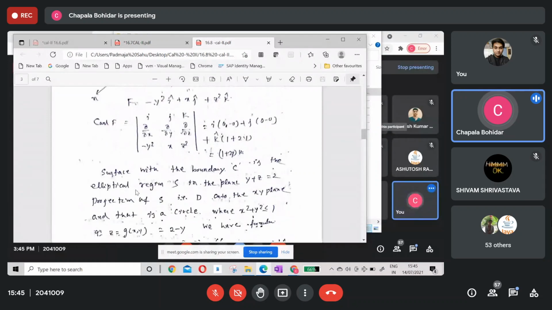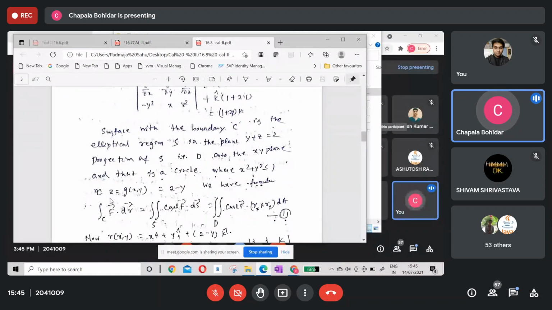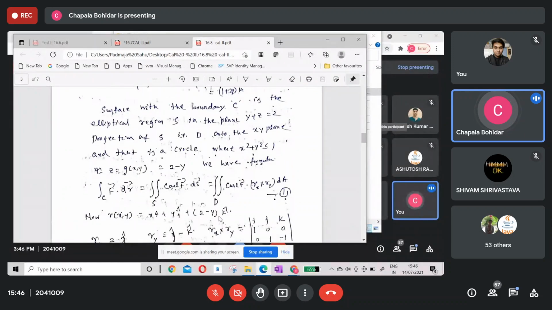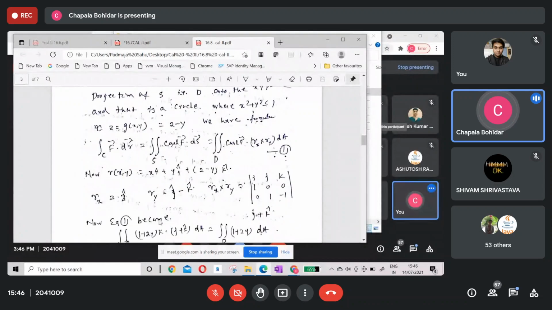So z is a function of x and y, which we can write as 2 minus y. The integral of F dot dr equals the double integral of curl F dot dS, which is curl F dot (rx cross ry) dA. Here r(x,y) is x i plus y j plus z, substituting z, so rx is i and ry is j minus k.